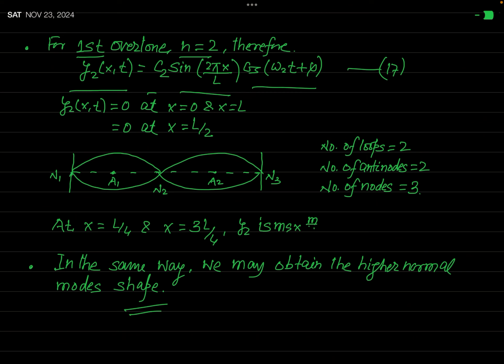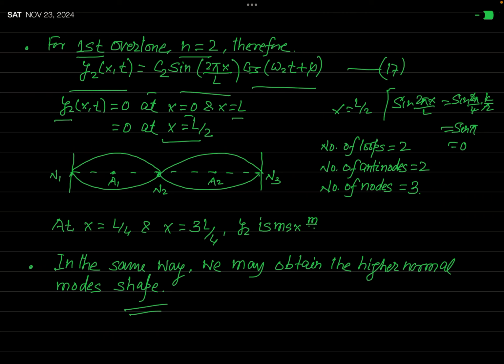Since the string is clamped at its two ends, y is 0 at x equal to 0 and x equal to L. But when you take x equal to L by 2, this sine 2 pi x over L will be sine of 2 pi over L into L by 2. L and this 2 will cancel. This is sine pi, which is equal to 0. So at x equal to L by 2, again y2 will be 0.